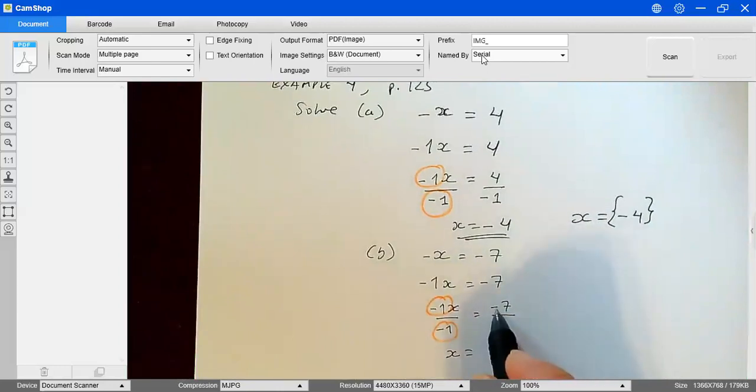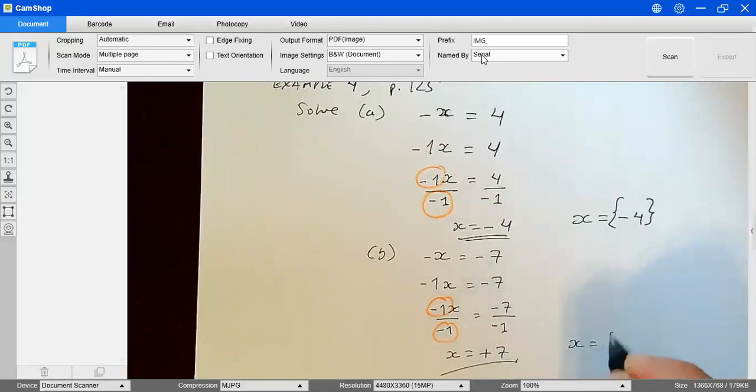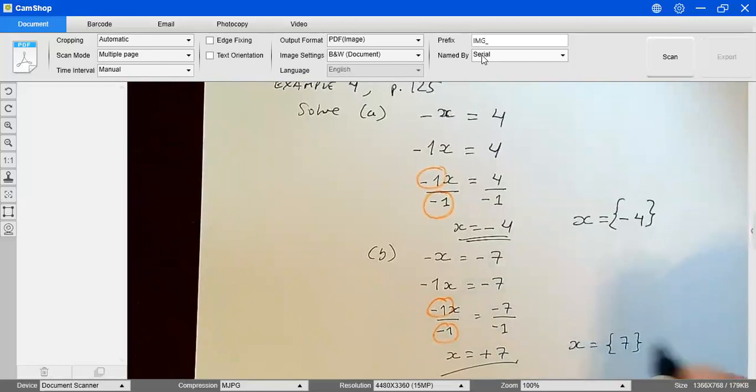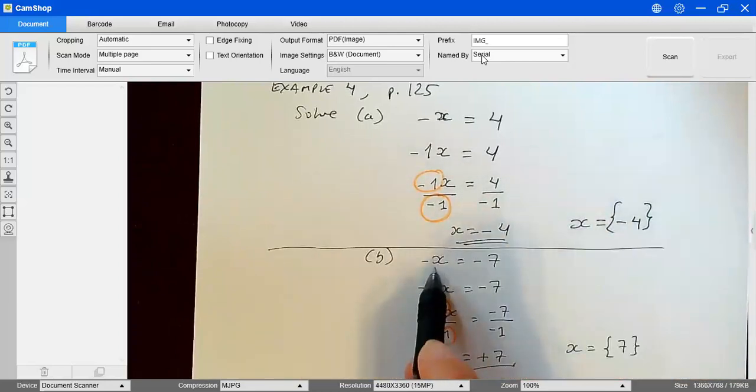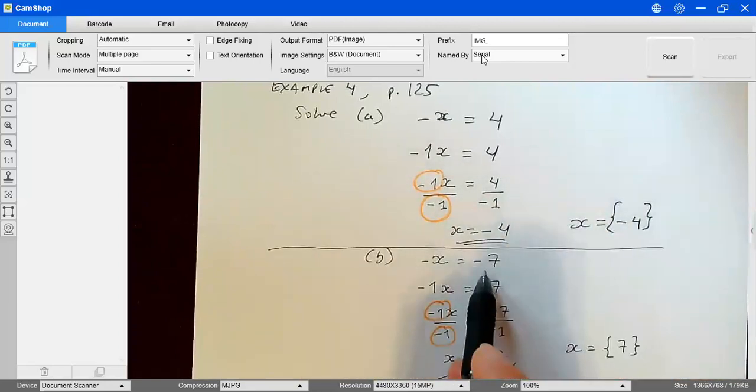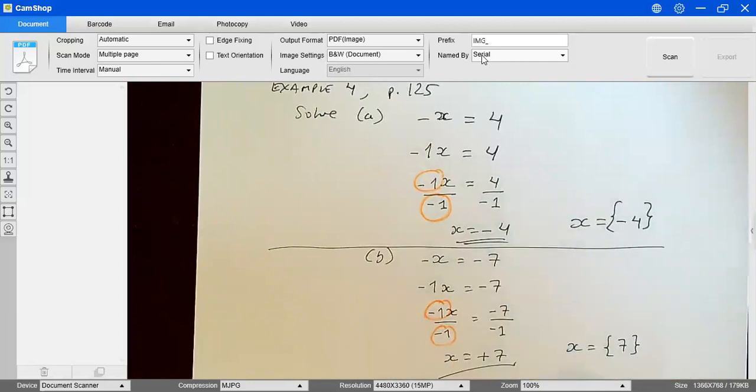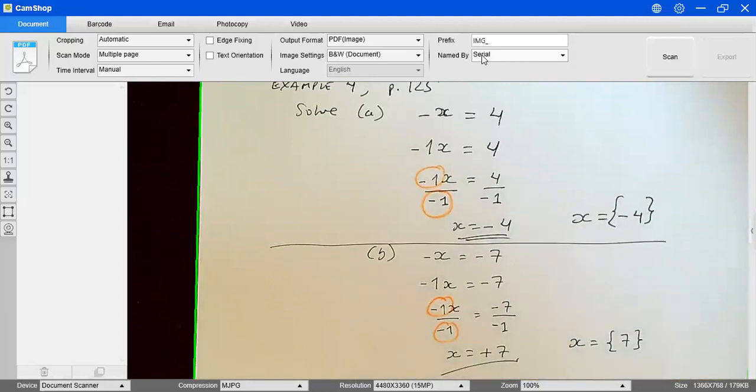Here negative divided by negative becomes positive. 7 over 1 is just 7. So this is the solution, x equals positive 7, and that's the same thing. If you just change the sign on the left, you need to change the sign on the right, and you get x equals 7.